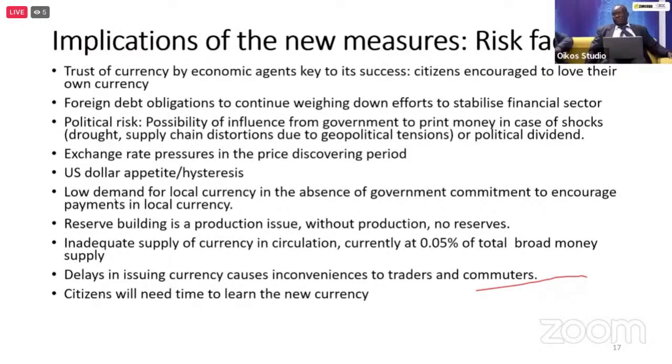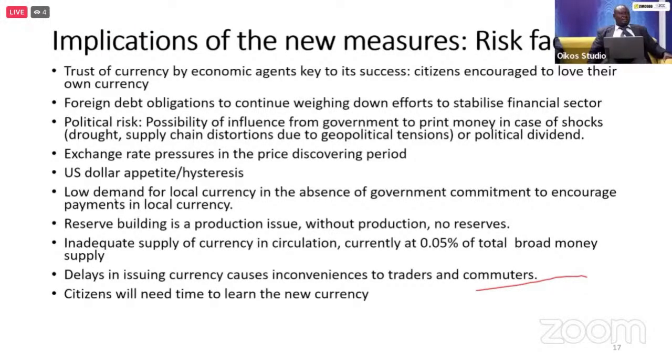For example, if you have supply chain distortions due to geopolitical shocks, there might be need for printing money, but it's only going to be a challenge when money is printed to achieve a political certificate. That's when it becomes a problem.